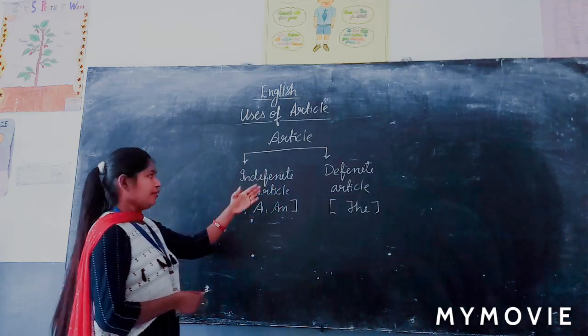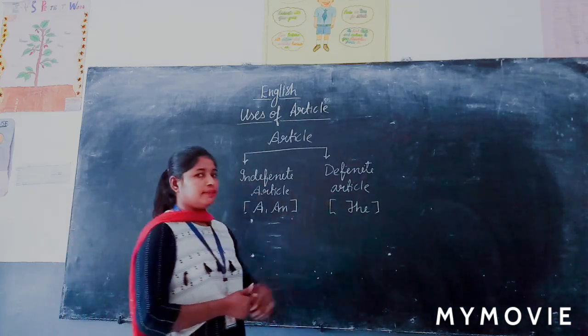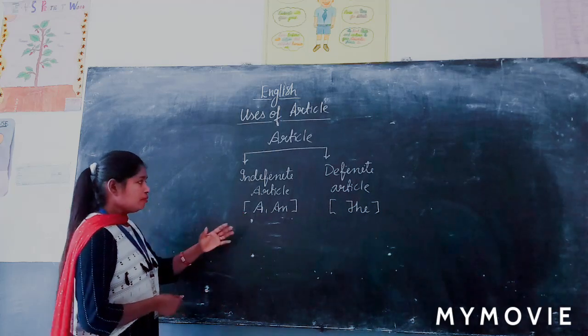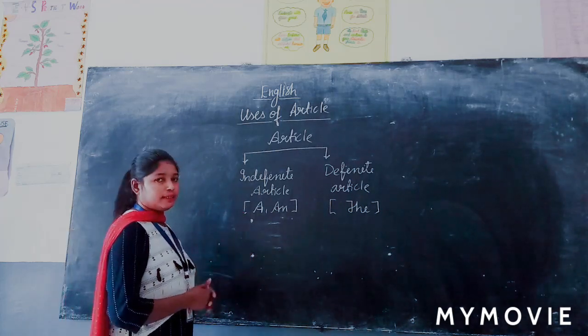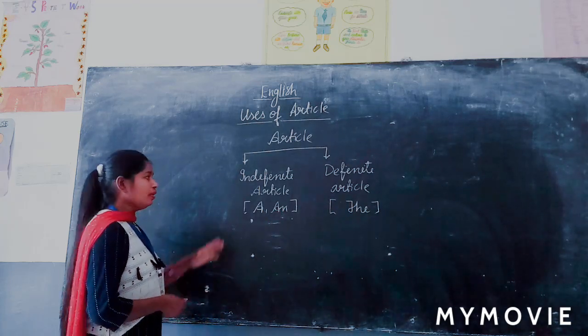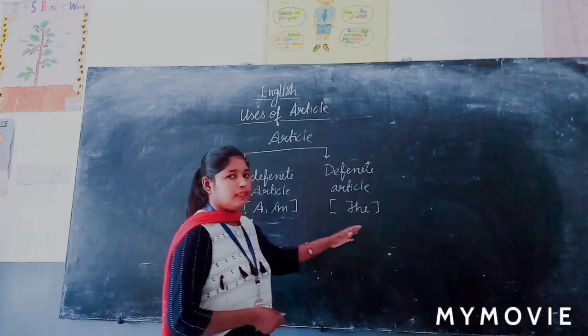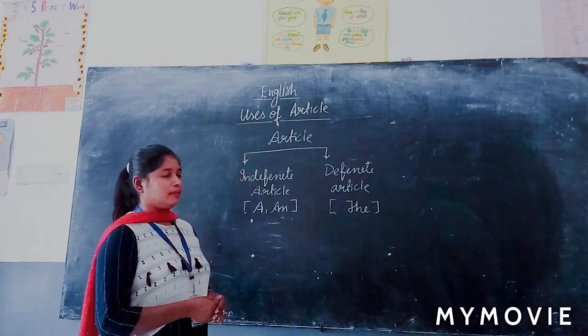Articles are divided into two parts: indefinite article and definite article. Now what comes under indefinite article? A and An are your indefinite articles, and The is your definite article.